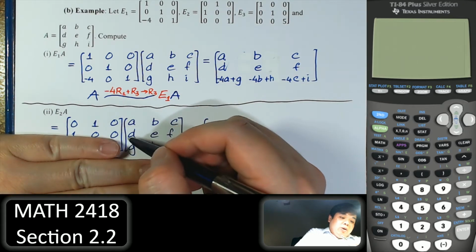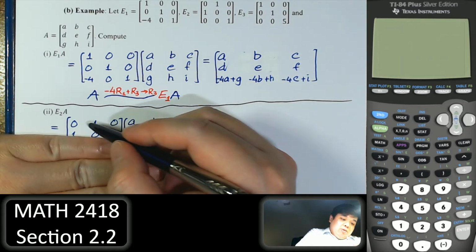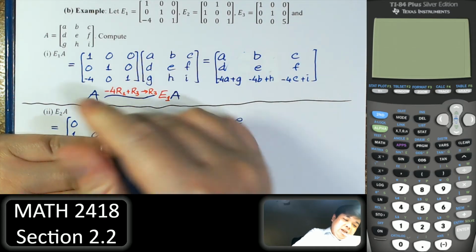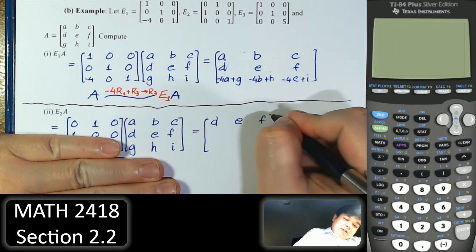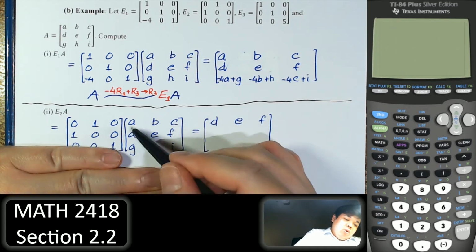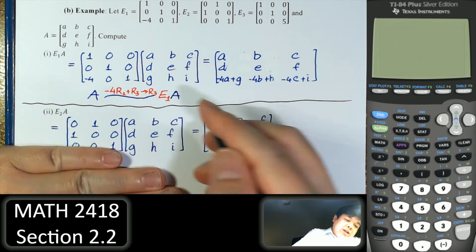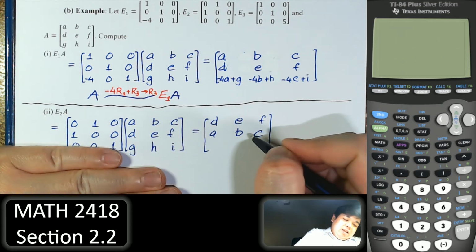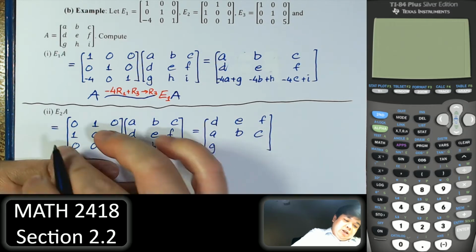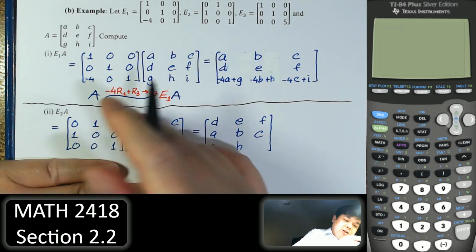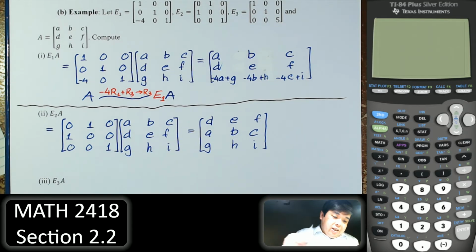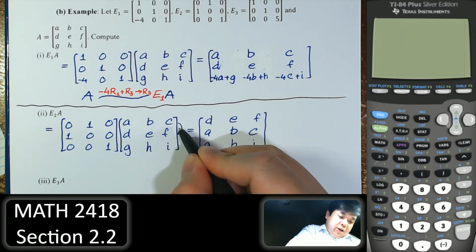So only the middle numbers have value. So row times column, we have D, E, and F. Row times column, only the first one. So A, B, and C. And the last one will be G, H, and I. So what we see here is we're just swapping these two rows, right?